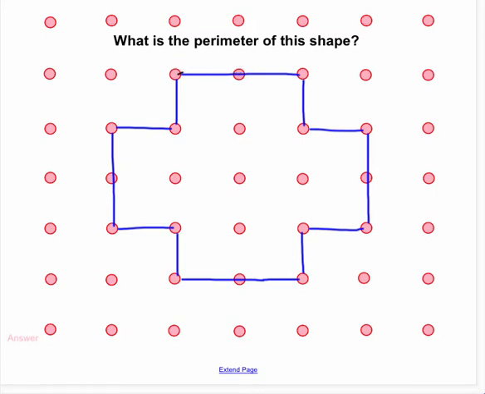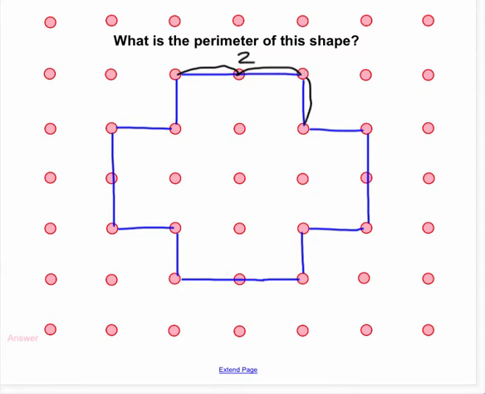So this is 1 space. Sometimes kids count the pegs and they will say 1, 2, when actually that's not correct. We want to look at the distance in between. So if I'm trying to find the perimeter, this would be 1, 2. Okay, so this side would be 2 units.